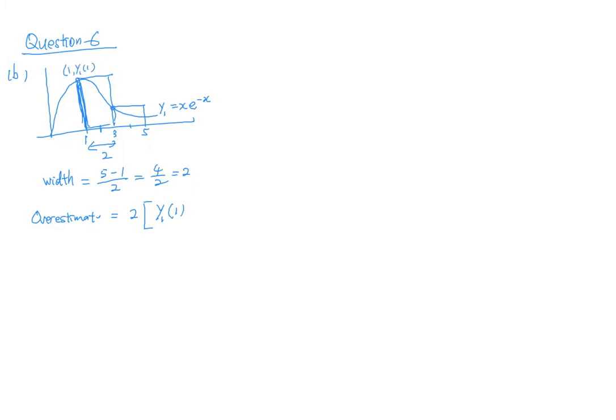And the second point is 3, Y1(3). Then you go to your calculator and key in. This is your f(x). If anyone wants to write it like that, that will be much better. So your answer is 1.034481, which is approximately 1.03 to three significant figures.